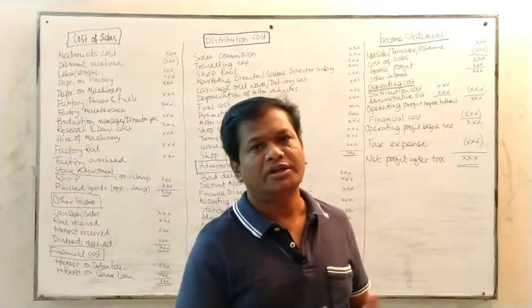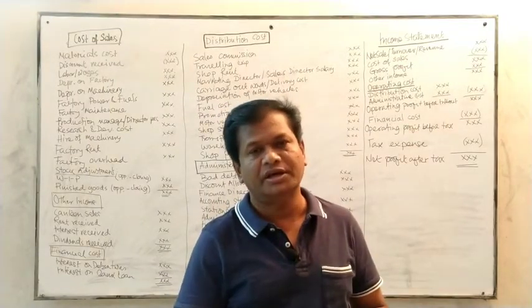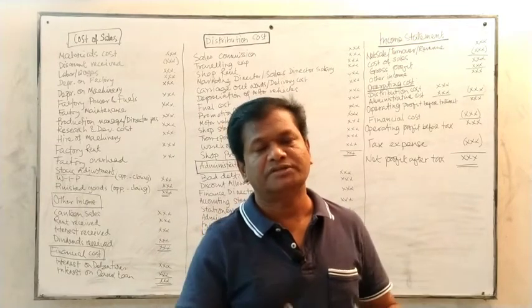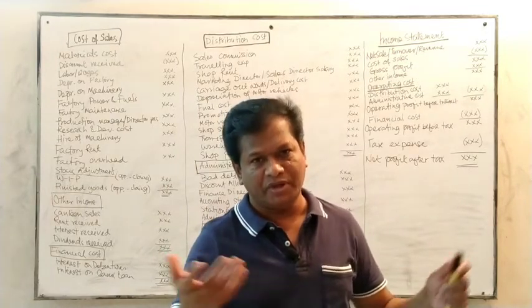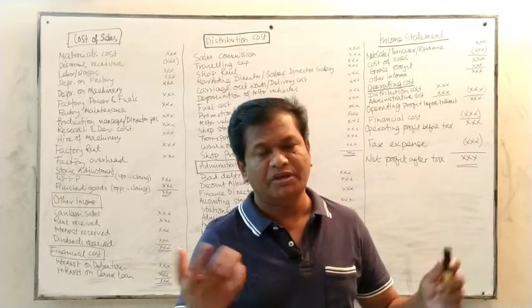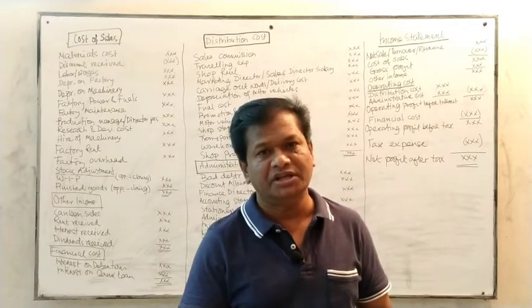Now the equity and liabilities. First of all, you write the equity sections. They are the share capital, maybe some general reserve, maybe some research and development reserve, maybe some share premium, maybe some retained earnings, like this.